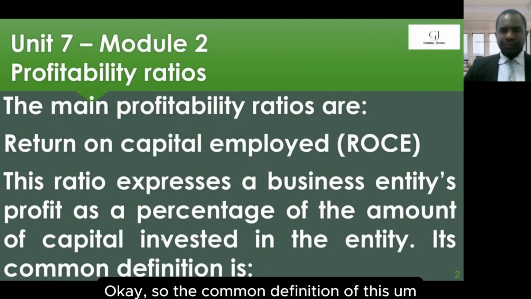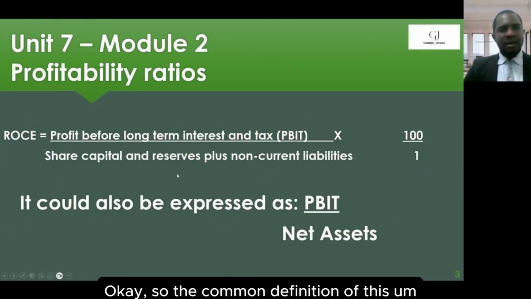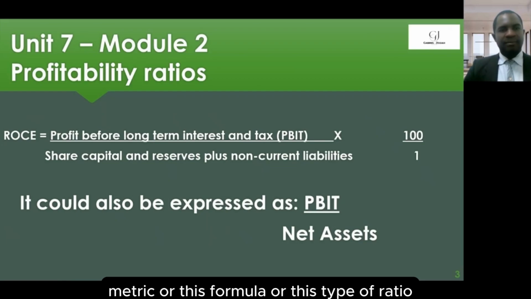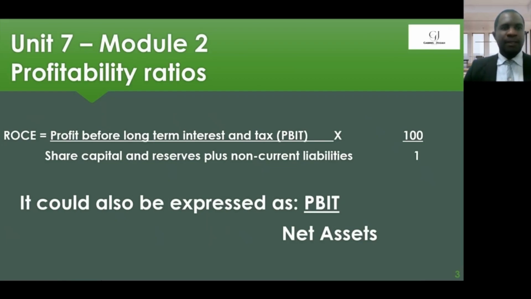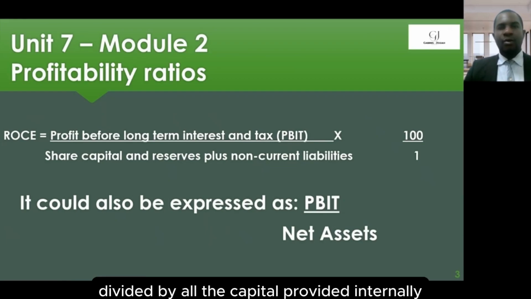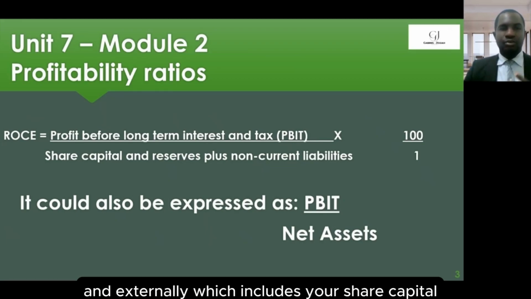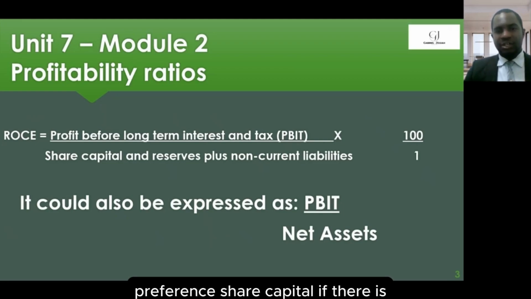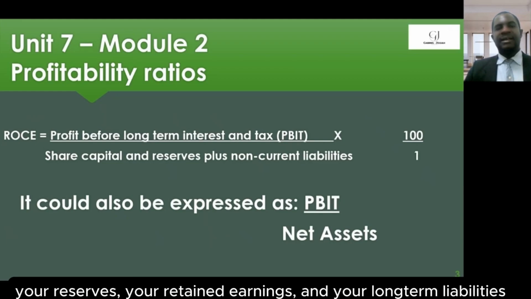The common definition of this formula is profit before interest and tax divided by all the capital you provided internally and externally, which includes your share capital, preferred share capital if there is, your reserves, your retained earnings, and your long-term liabilities.